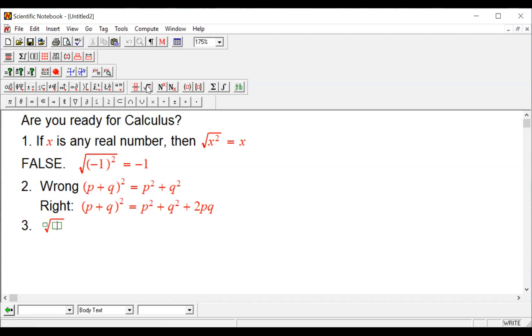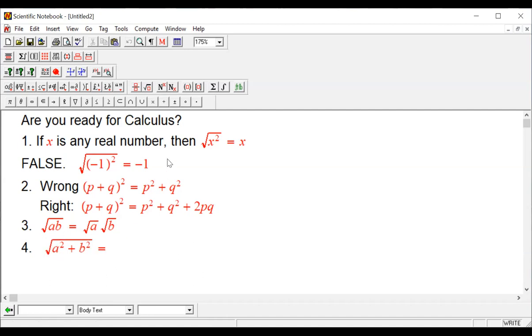Number three is the square root of a times b is equal to root a times root b. This is correct, okay, as long as a, b are in the domain. And the other common mistake is the square root of a squared plus b squared, right?